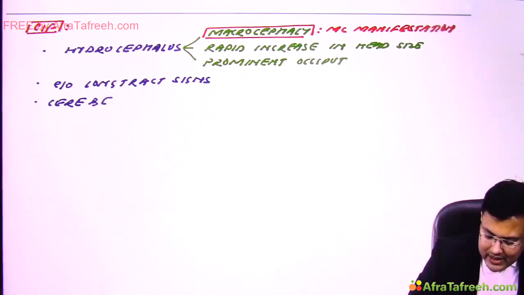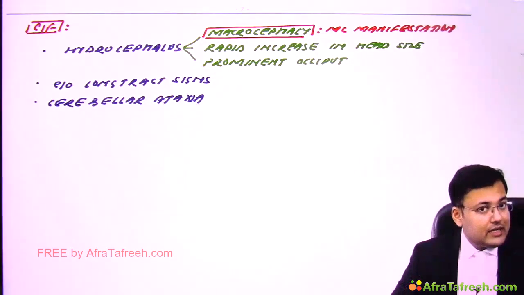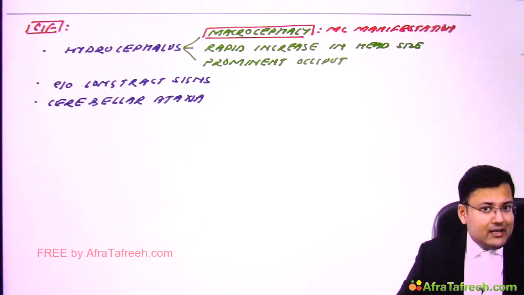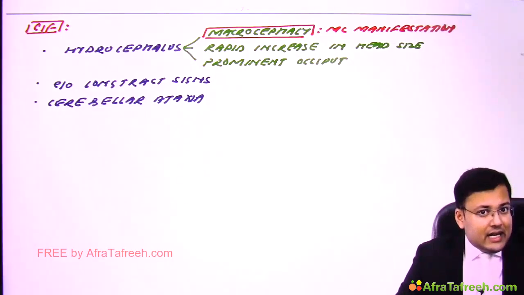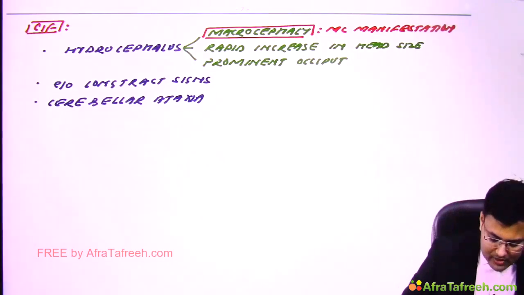Why there is cerebellar ataxia? Because there is hypoplasia of cerebellum, there is involvement of posterior fossa. These patients have structural abnormalities, and because of the structural abnormalities, these patients have delayed cognitive or motor milestones.